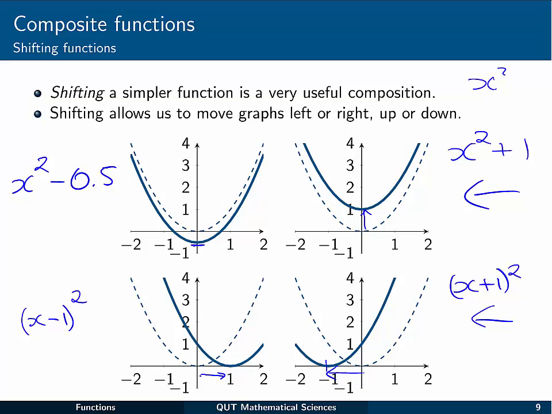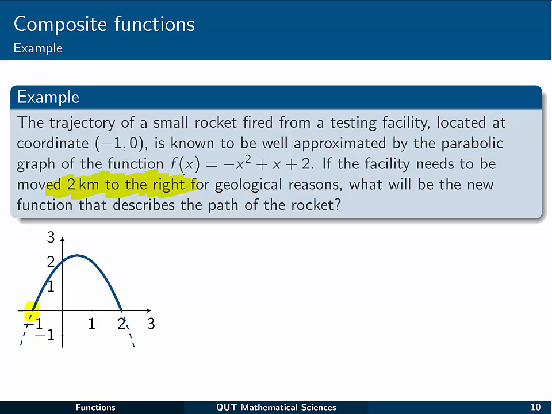Looking back, we saw that if we wanted to move to the right, we need to subtract the amount that we're moving from x everywhere that x occurs. So in this case, we want to have our new function, let's call it n of x, will be f, not of x, but of x minus 2, because we're moving 2 kilometers. So that's just a matter of changing all of these x's into x minus 2's.